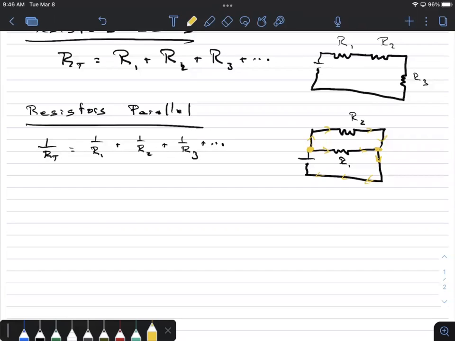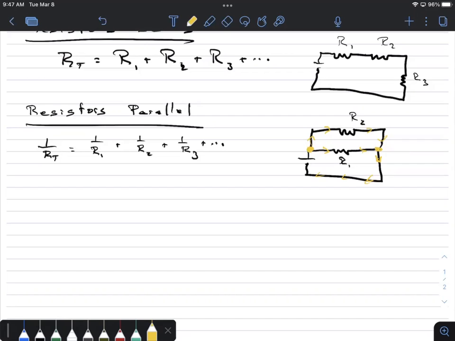Series, the electron has no choice. If it goes through R1, it must go through R2 afterwards. There's no other way for it to go. So those are series. Here, if an electron goes to R1, it inevitably skips R2. And vice versa. If the electron hits R2, it has to skip R1. Thus, those are in parallel.